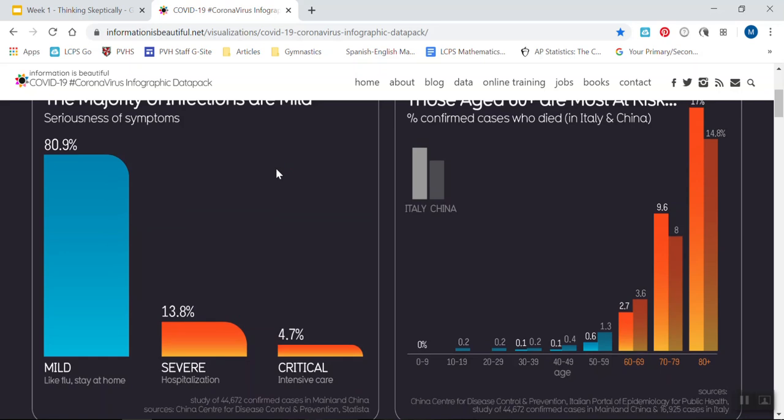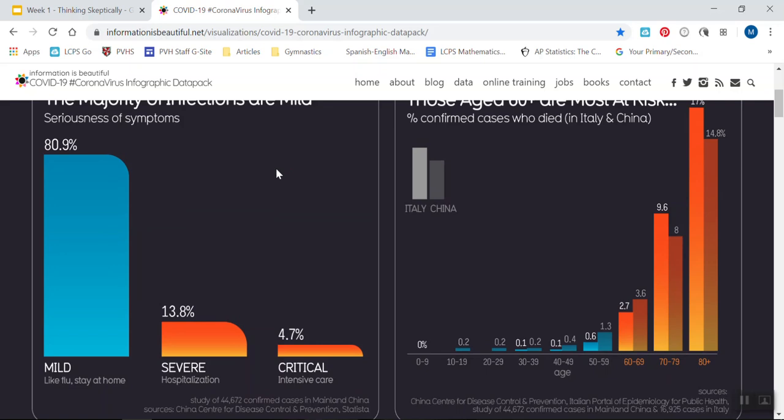Did they do anything too fancy with the graph to make it misleading? And then look at the data source. What questions are raised based on the way that the data was collected? The last thing is, what other questions does this graph raise? For example, does this pattern hold true for other countries?